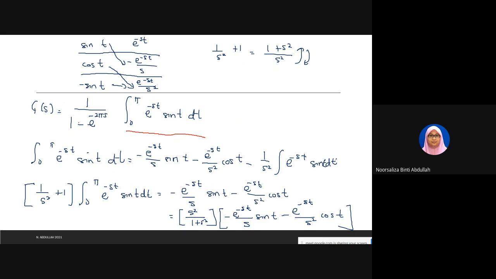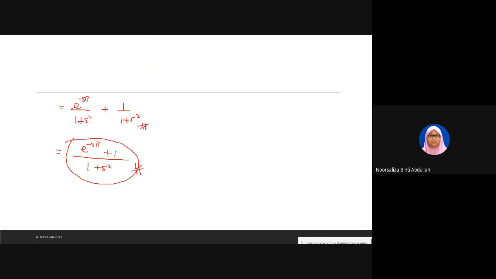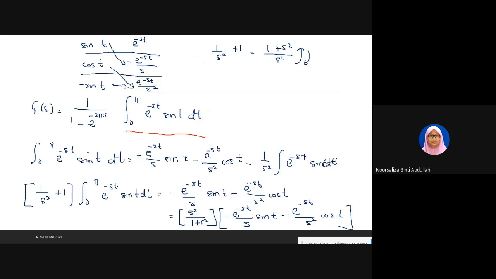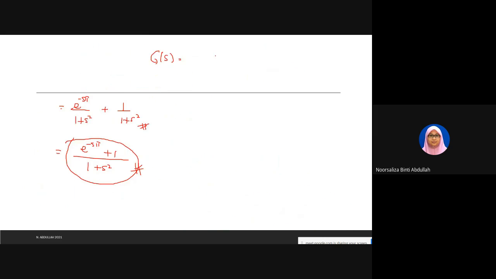Okay, so it will be GS equals to 1 over 1 minus exponent minus 2 pi s darabkan dengan exponent minus s plus 1 plus s square.